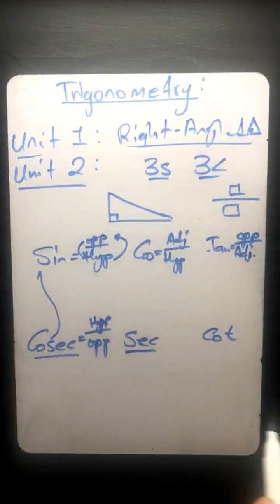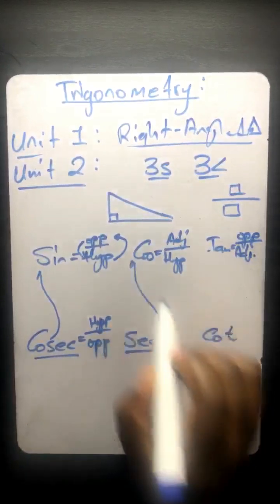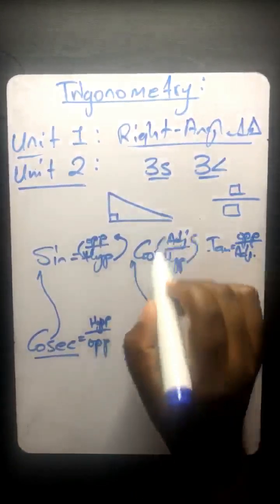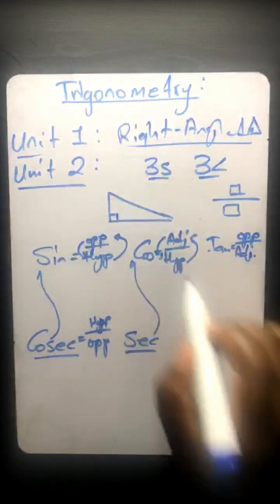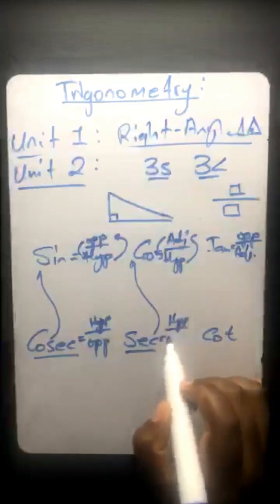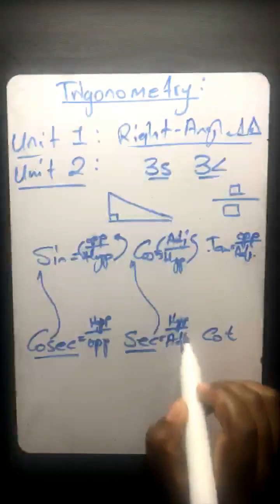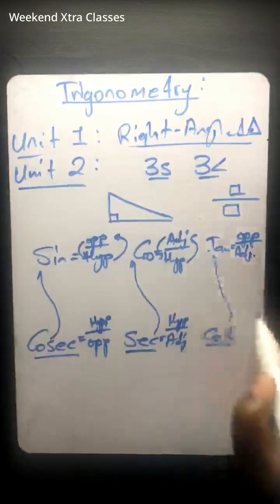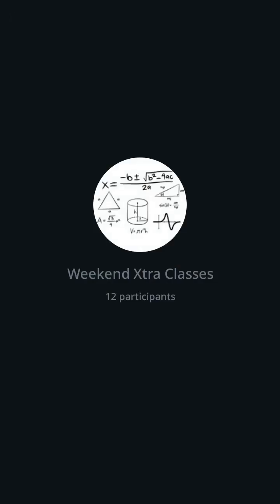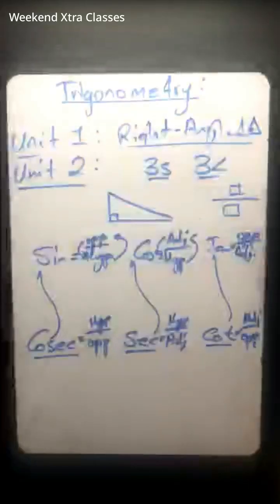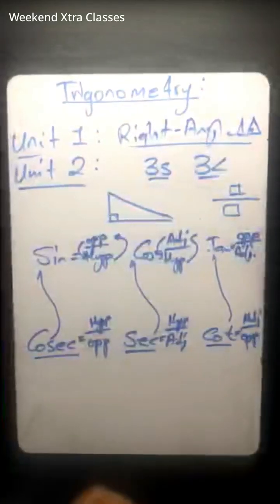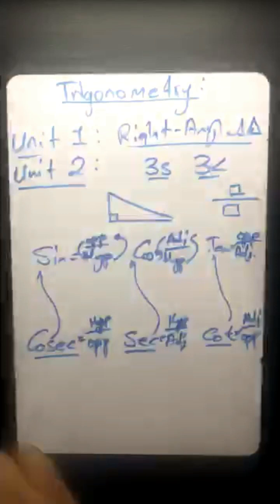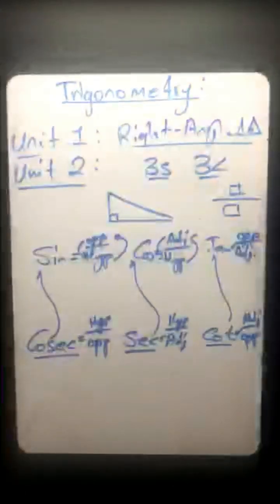Similarly, sec is the cousin of cos, so you just swap those. That means it's going to be hypotenuse over adjacent. And for cot, T for tan, you end up having adjacent over opposite. It's going to make more sense when we start answering exam questions.